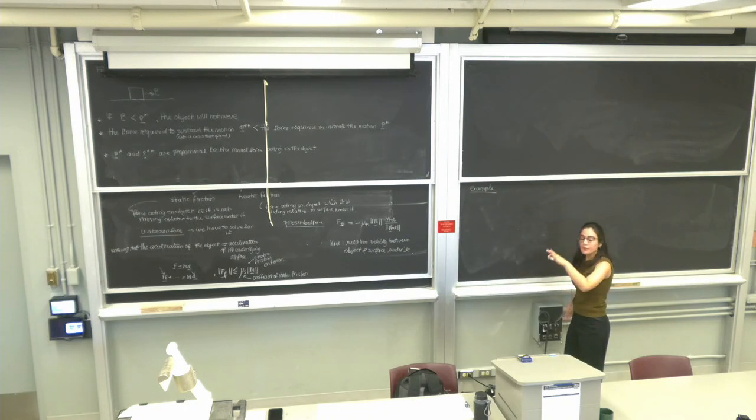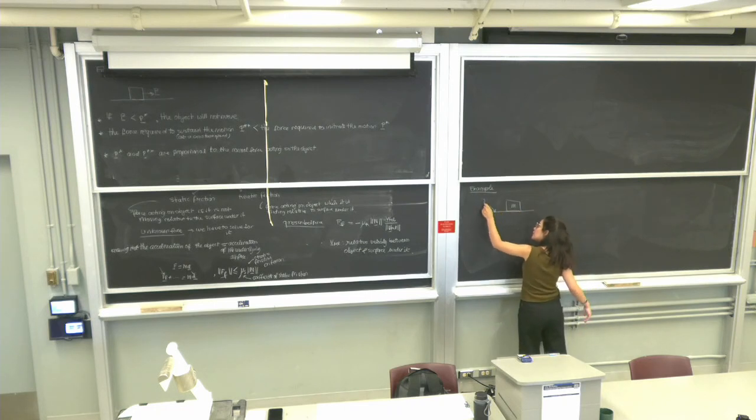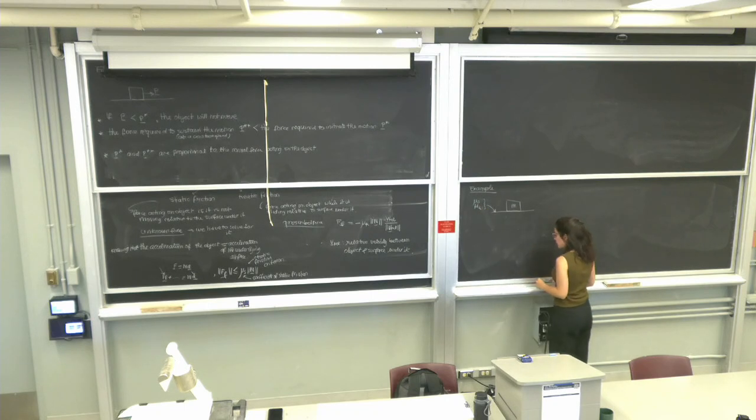Say I have the same example, a box of mass m on a rough surface, coefficients of friction mu s, mu k. Let me write that given.